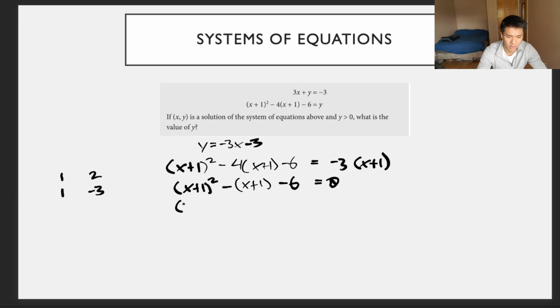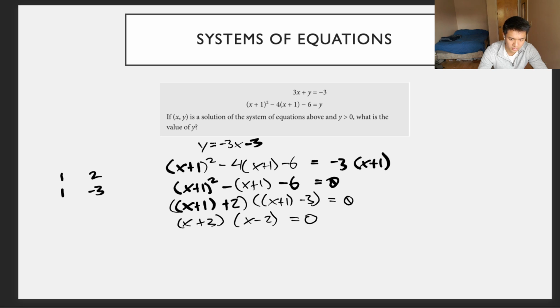So we get (x + 1 + 2), that's our first term, and (x + 1 - 3) as our second term. And we can simplify this further into (x + 3)(x - 2) equal to 0, and x equals either negative 3 or x equals 2.